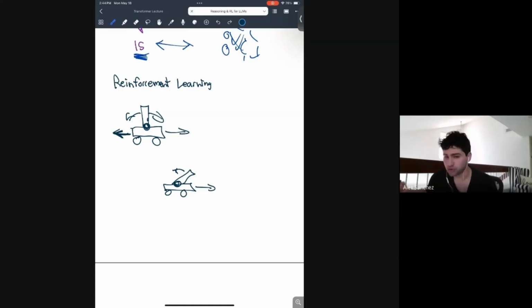Well, how do we teach a model to learn this? The thing is, we are given a state. So imagine this is a state, this is a state, this is a state. We have a state, and our inputs would be the situation at hand.